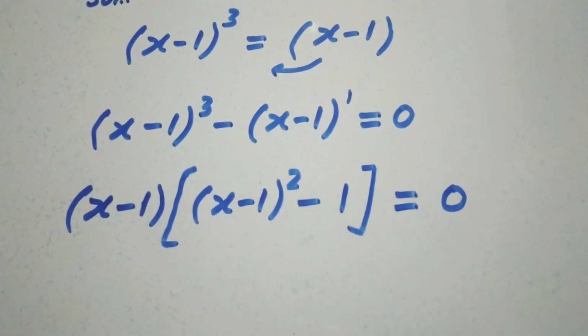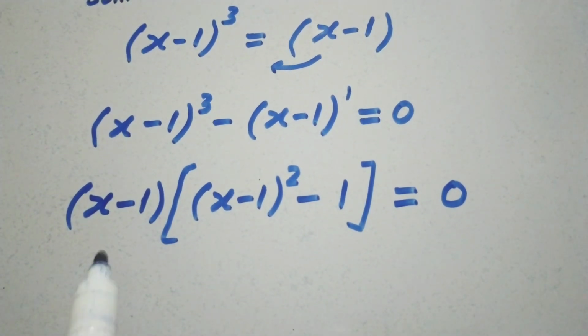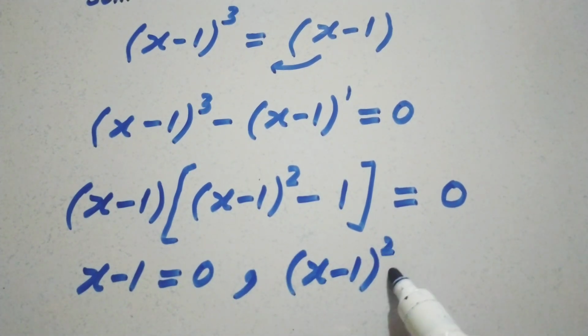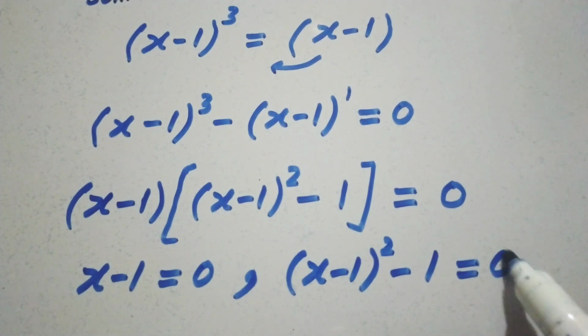Now by using the zero product rule, x − 1 = 0 and (x − 1)² − 1 = 0.